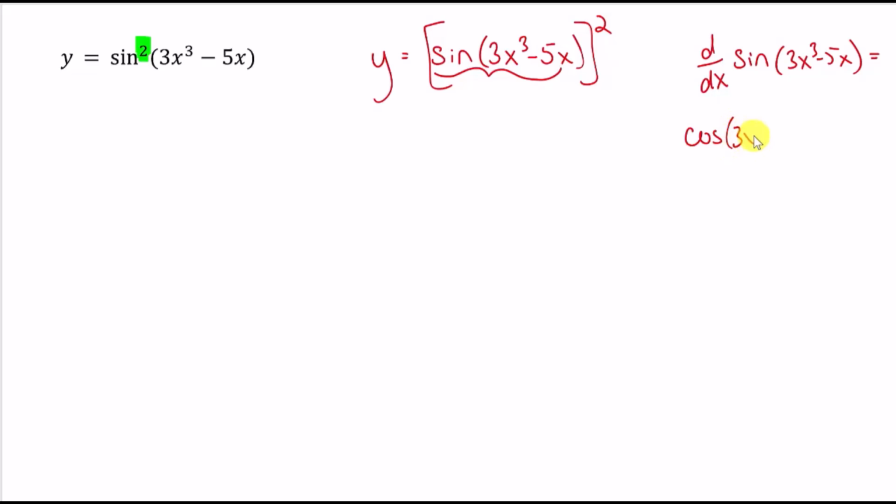Inside stays the same, times the derivative of the inside, which is going to be 3 times 3 is 9x squared minus 5. So this is what my derivative is going to look like when I take the derivative of the inside. And if you want to, you can write that 9x squared minus 5 first, and then the cosine of 3x cubed. So it's very beneficial sometimes to break this down and find this derivative first.